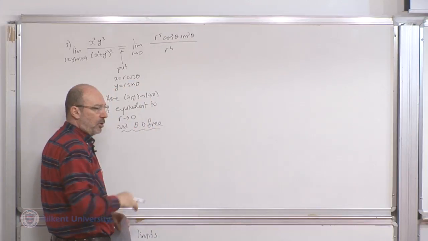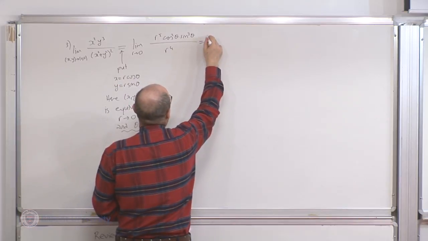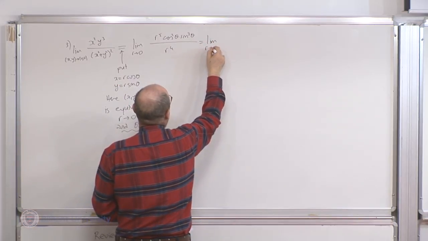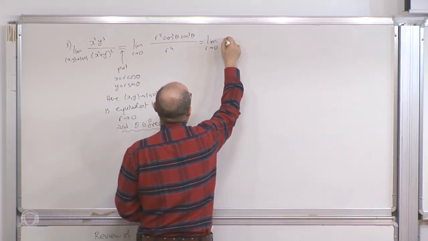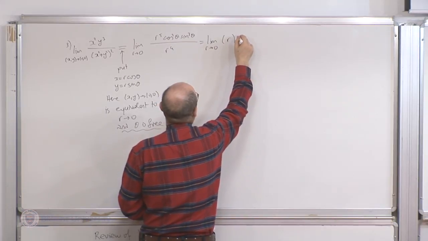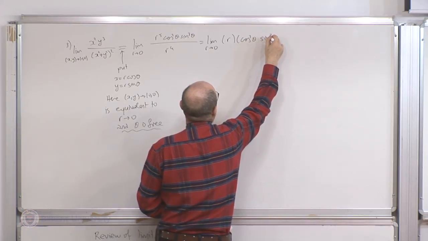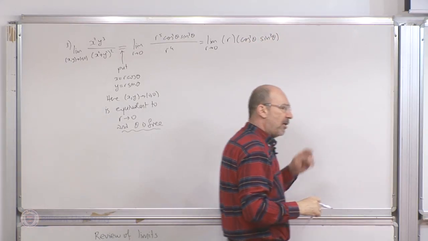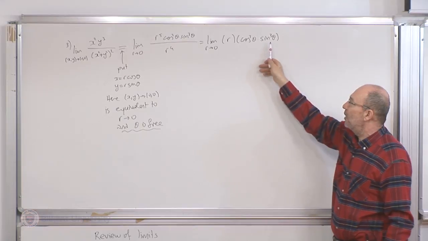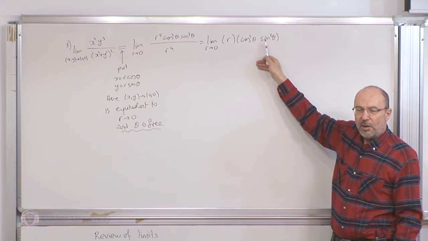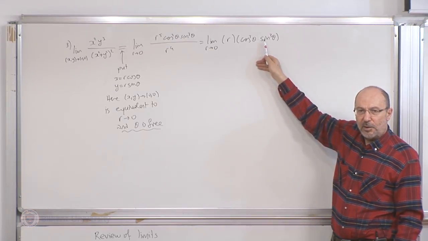Since r is going to 0, it's not 0. In the limit as r goes to 0, here you have r times something, cosine squared theta sine cube theta. Now in this case it is easy. No matter what theta is, this is going to be a number between -1 and +1.